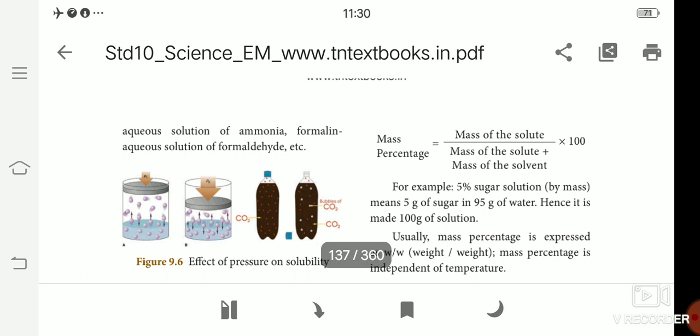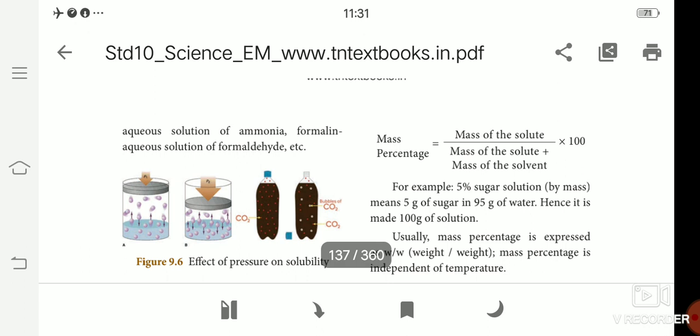One example: a 5% sugar solution means 5 gram of sugar in 95 gram of water, which makes 100 gram of solution. The 100 gram of solution is the denominator and 5 gram of sugar is the numerator. Calculating gives a mass percentage of 5% sugar solution.